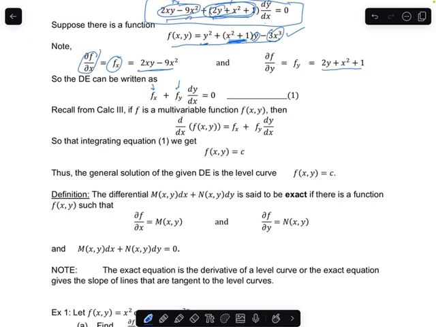So now we multiply by dx throughout. So I am left with d of f of x, y equal to f sub x dx plus f sub y dy.